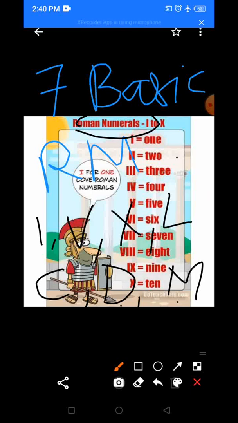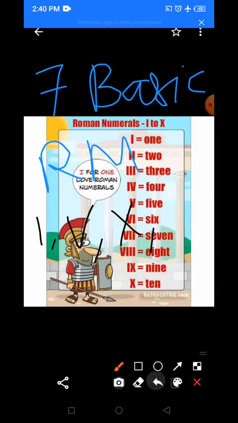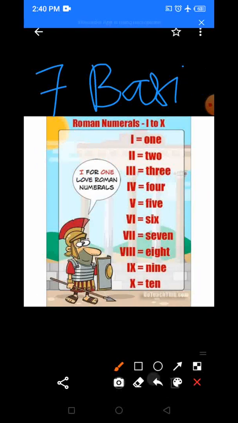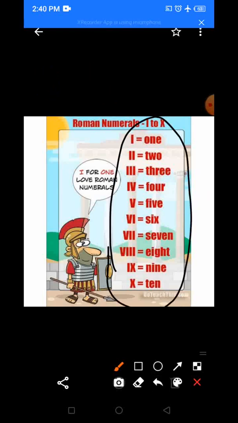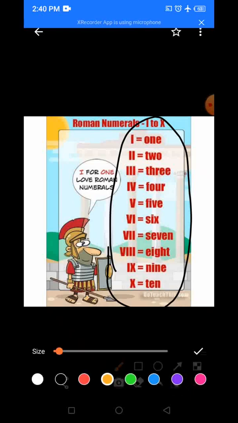And then you will write all these Roman numerals in your notebook. First you will write that there are 7 basic Roman numerals which are here. This is the way you will write. You will make a table.